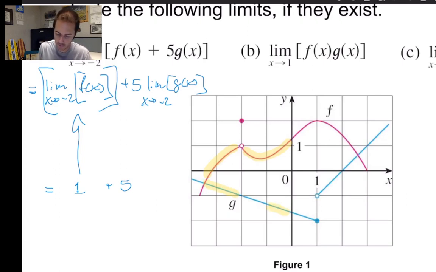If we come in at it from the right toward that point that has an x-coordinate of negative 2, we are still trending toward a point that has a y-coordinate of negative 1. So we're going to say that the limit as x approaches negative 2 of g of x is equal to negative 1. So we have 1 minus 5. That is equal to negative 4.